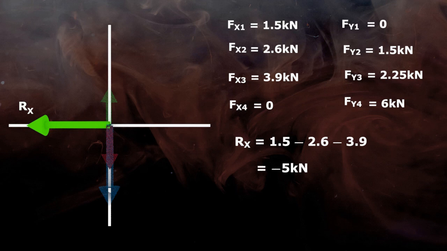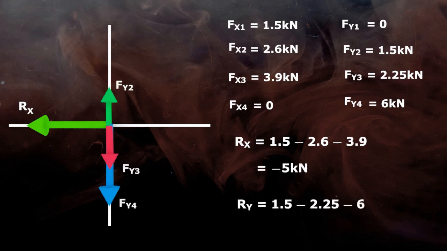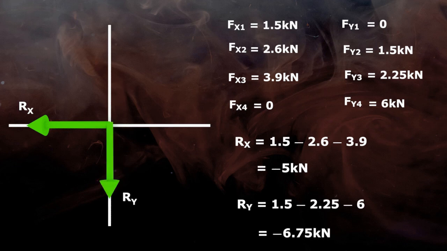The negative sign shows that Rx acts along the negative x-axis. Similarly, all vertical forces are to be added to find the resultant force Ry. In our case, Fy3 and Fy4 are in the opposite direction to Fy2. So the resultant force along the y-axis Ry is minus 6.75 kilonewton.